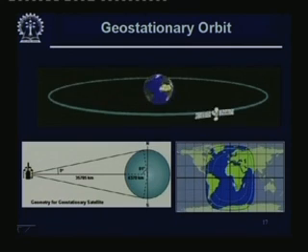And on a particular point of this, the one which is being shown, it may be fixed at this particular point. And of course, from such a long distance, if you send a beam which has got a reasonable solid angle, this will cover a large portion of the earth.